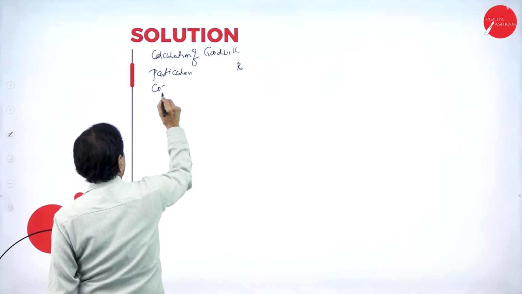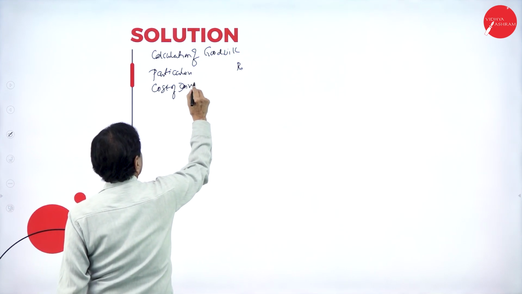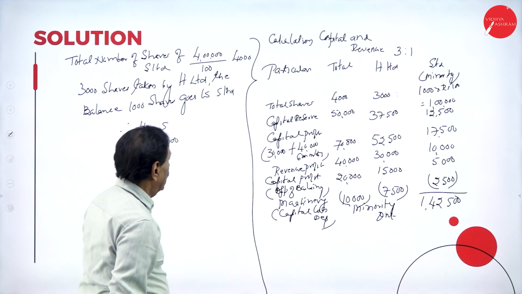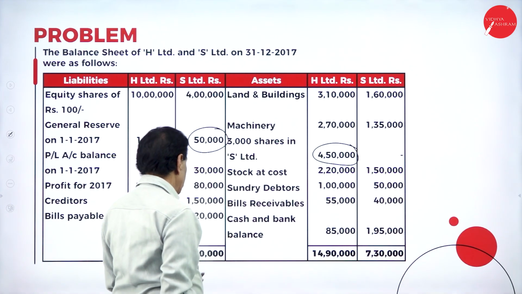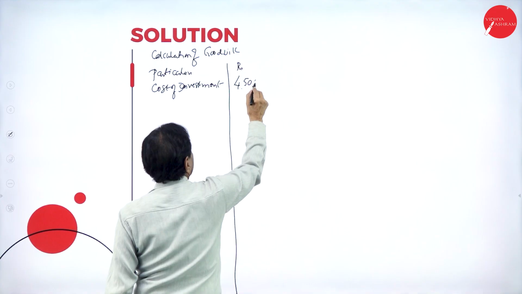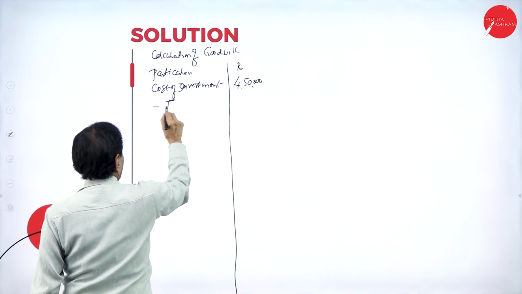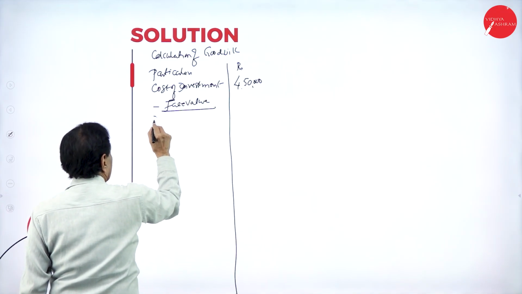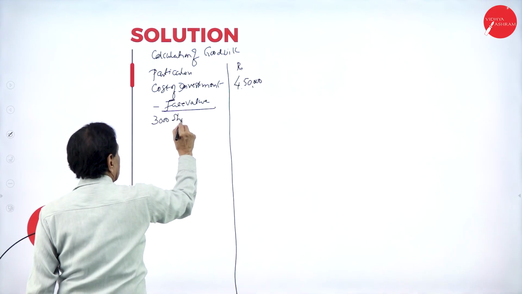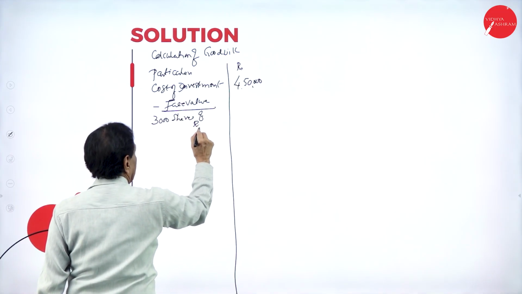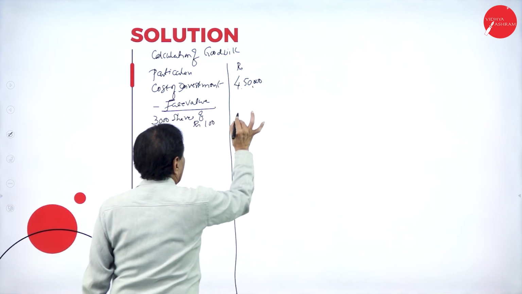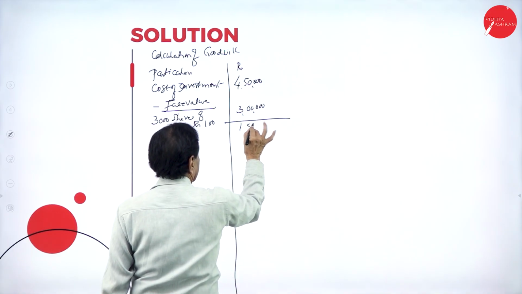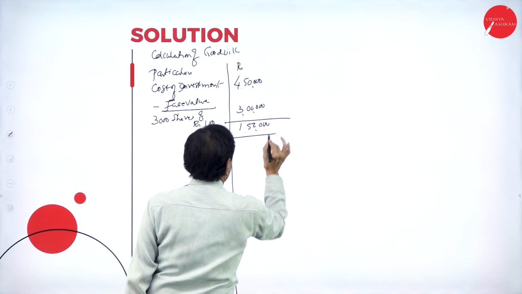Cost of investment, how much they paid? 4,50,000 minus face value, 3,000 shares of rupees 100. It becomes 3 lakh. 1,50,000 is the goodwill.